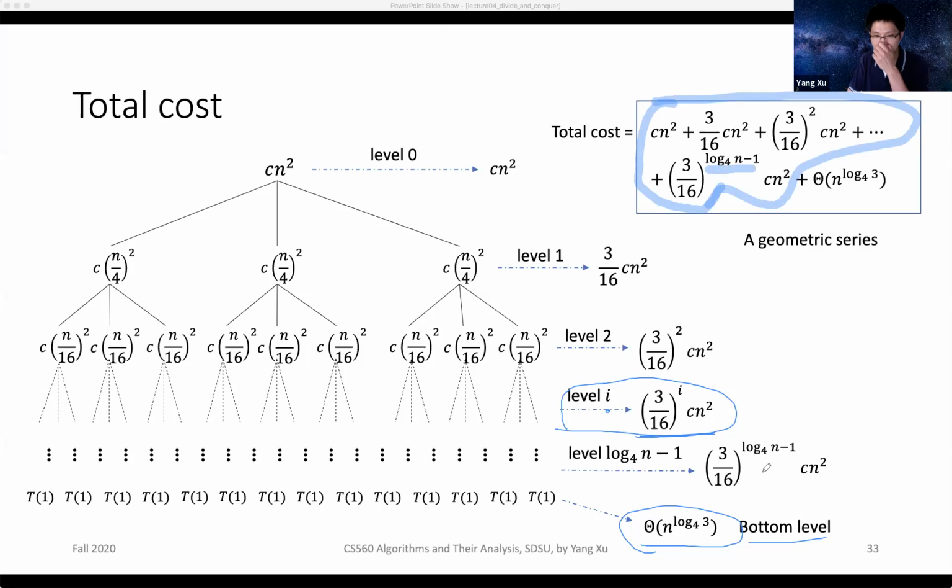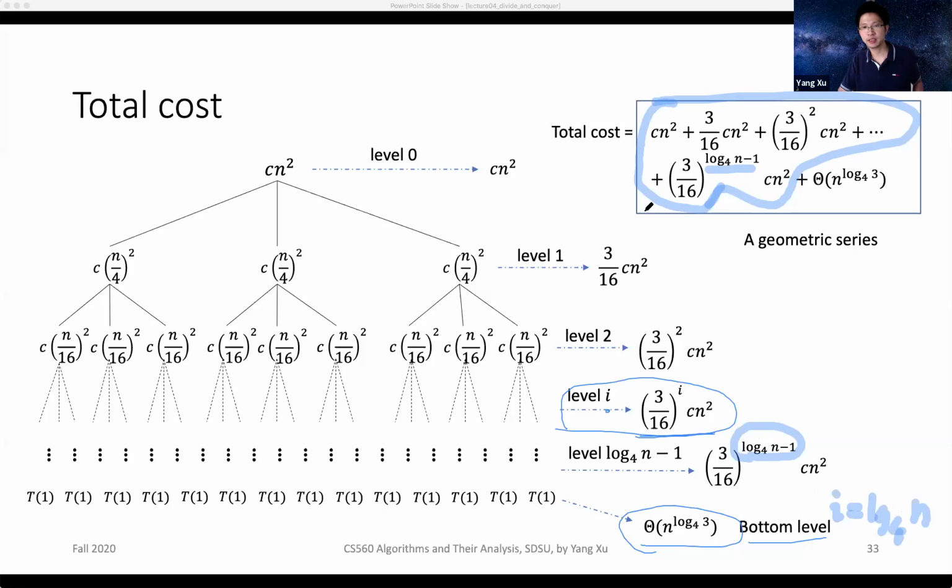This is the last level before we hit the bottom level, because when we hit the bottom level, i would be the logarithm with base 4 of n. That's where we hit the bottom level. So one level above, it is logarithm with base 4 of n minus 1.